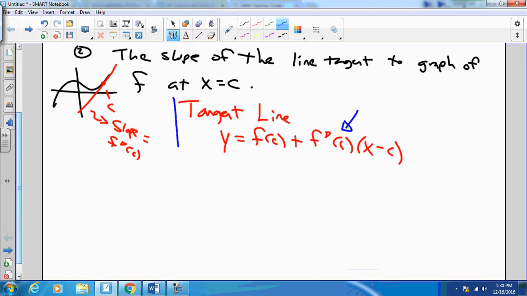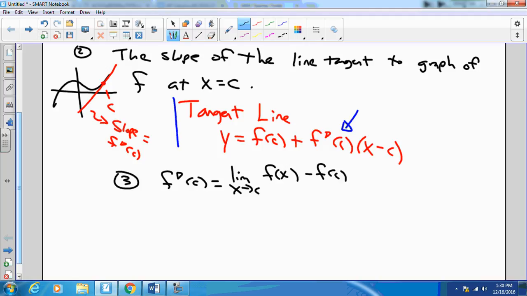Then, in terms of formal mathematical definitions, we have f prime of c equals the limit as x goes to c of the difference quotient, that is delta y, f of x minus f of c, over delta x, x minus c.